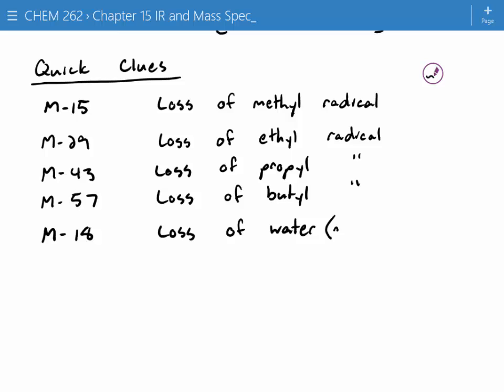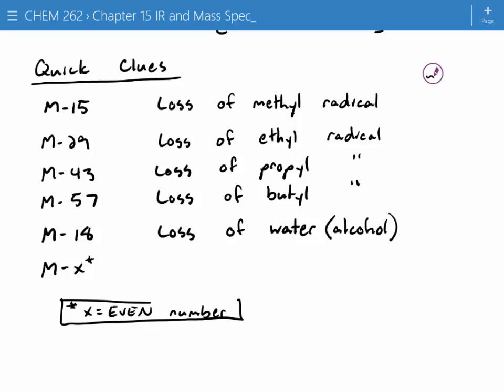And I'm going to put in here alcohol. And we'll see what I mean by that here in a second. The other one I'll put is mass minus X. And I'm going to label this with an asterisk, where X equals an even number. And this is called a McLafferty rearrangement.